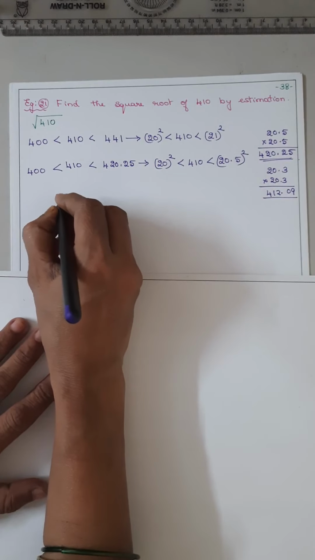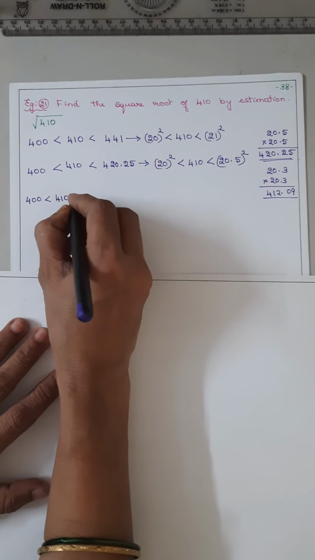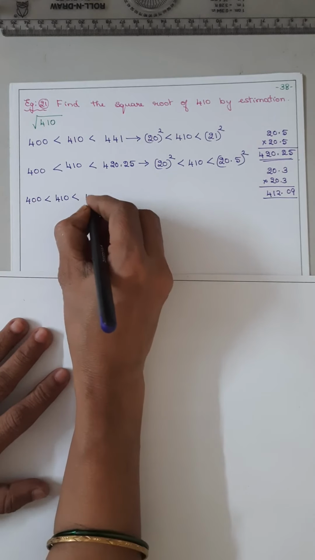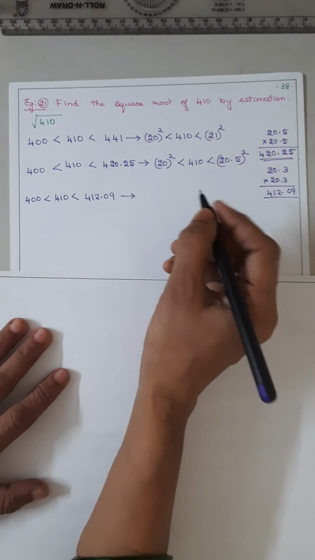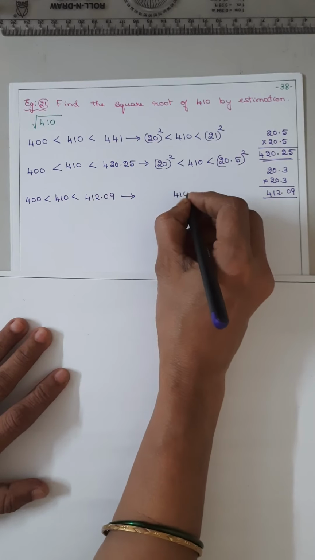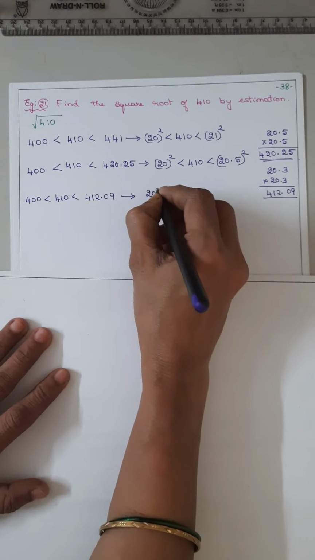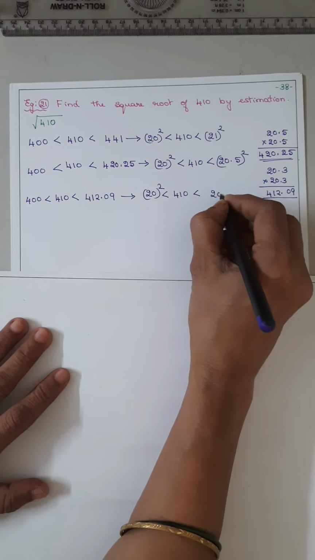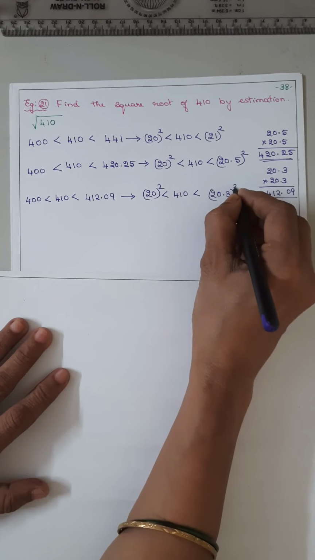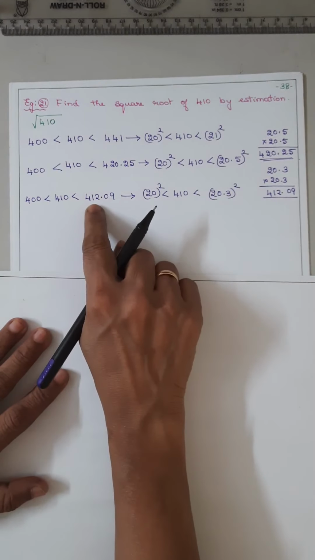So 410 is between 400 and 412.09. That means 410 is between 20 square and 412 किसका है? 20.3 square.